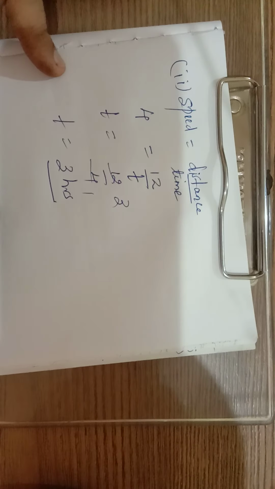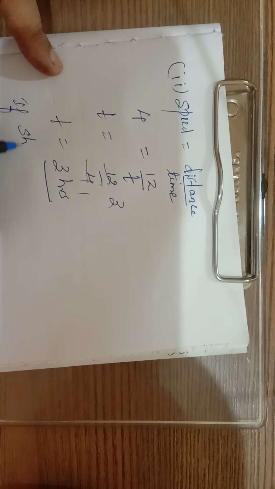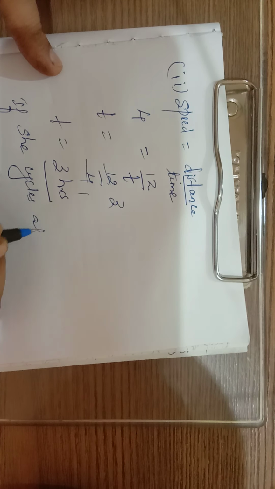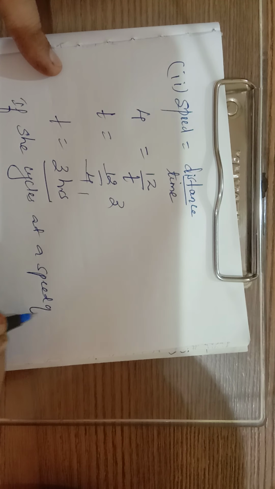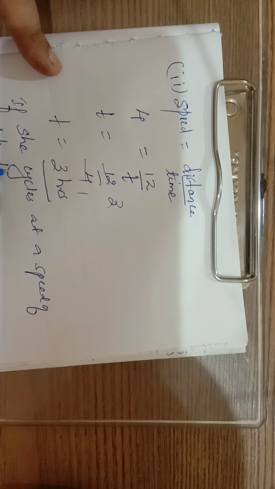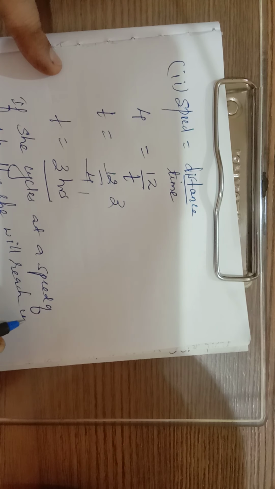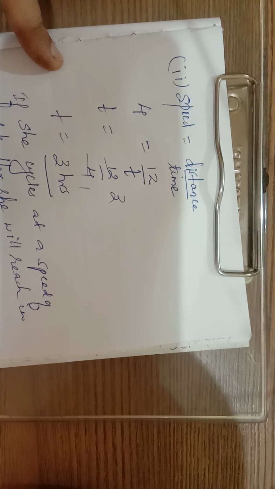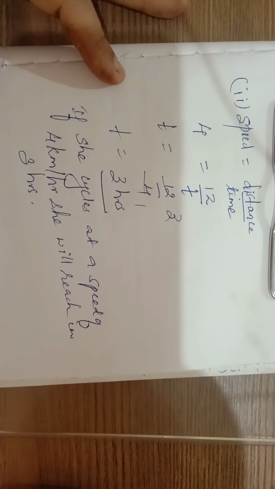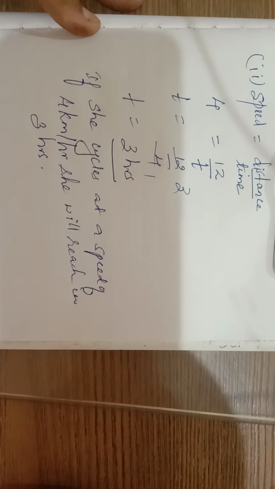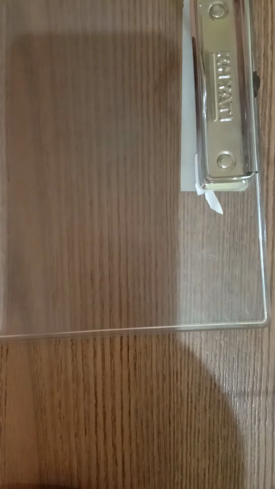That means if she cycles at a speed of 4 kilometers per hour, she will reach in 3 hours. I hope, children, the question is clear and you have understood the solution. This is the second part and that was the first part of the sum.